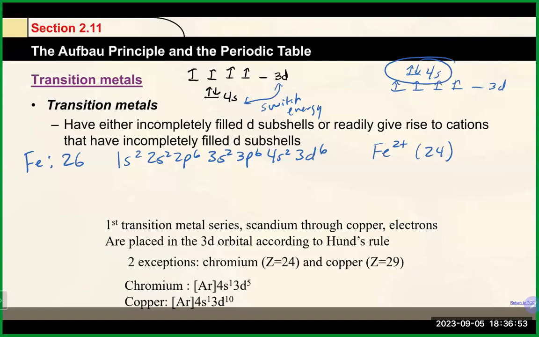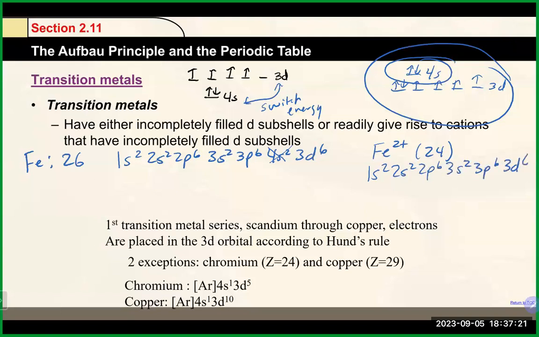And what's going to happen because of this switch in the energy that happens when we put those d electrons in there, when we fill it up correctly, so it looks something like this, we are going to actually lose these electrons here. And the correct configuration for iron with a +2 charge would be 1s2, 2s2, 2p6, 3s2, 3p6, and 3d6. The 4s2 electrons are gone, as those would be the electrons that they lost.